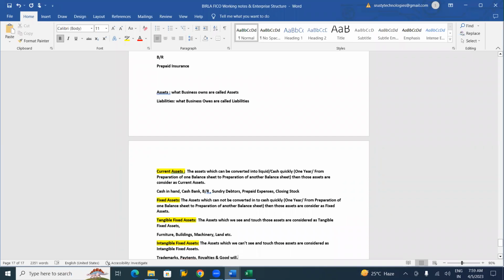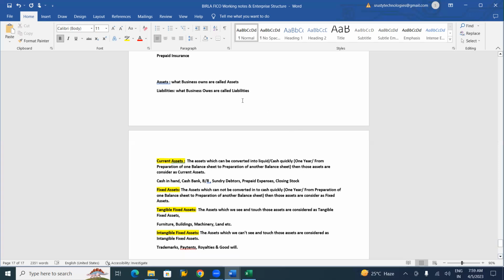So these are called grouping. See, similar nature of items, like cash in hand, sundry debtors, prepaid expenses, we are grouping under current assets, right? Same thing, machinery, building, land, and all those items, we are grouping under fixed assets, right? At the same time, we have the liability side also.